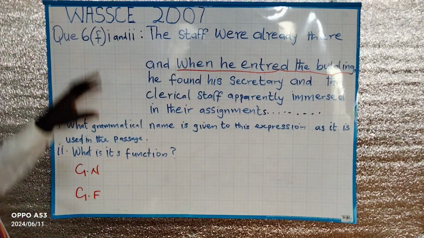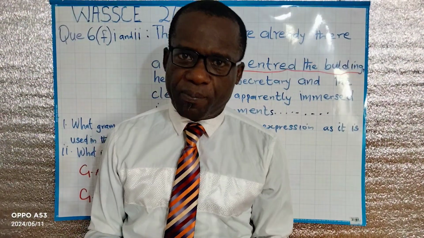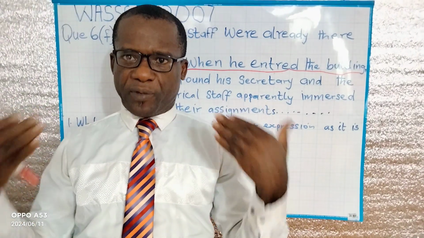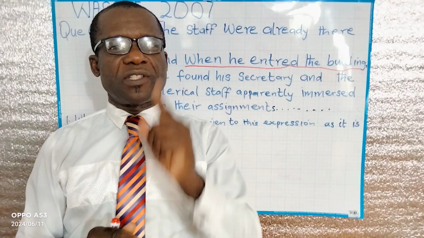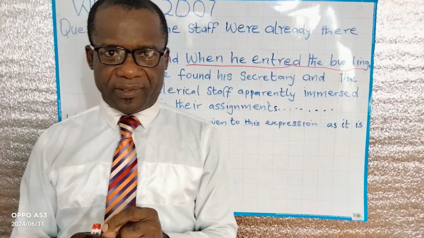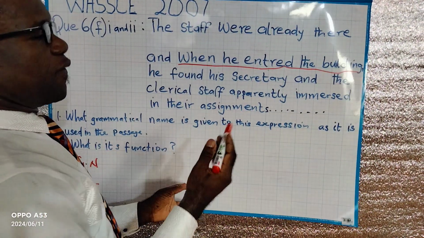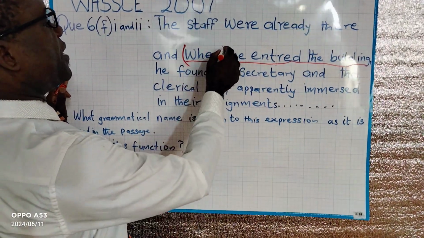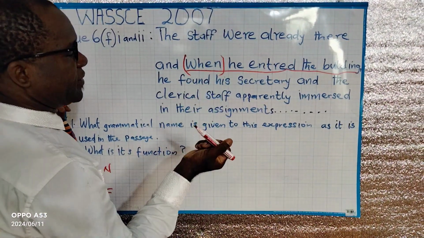Now, of course, we have designed our scientific approach to solving such a question. In previous videos, we've explained that the very first step is to test for our markers. So, let's test for our markers. Our markers are the first elements in the underlined expression. So, the very first element here is "when."